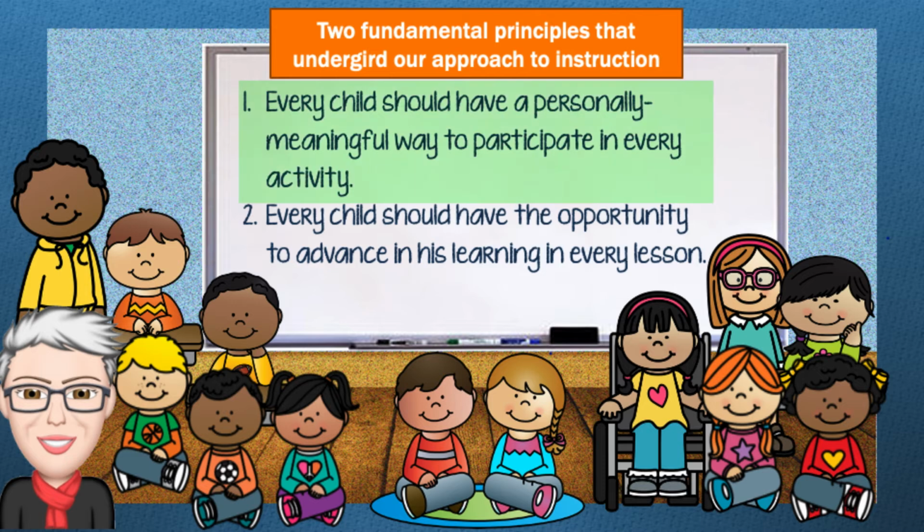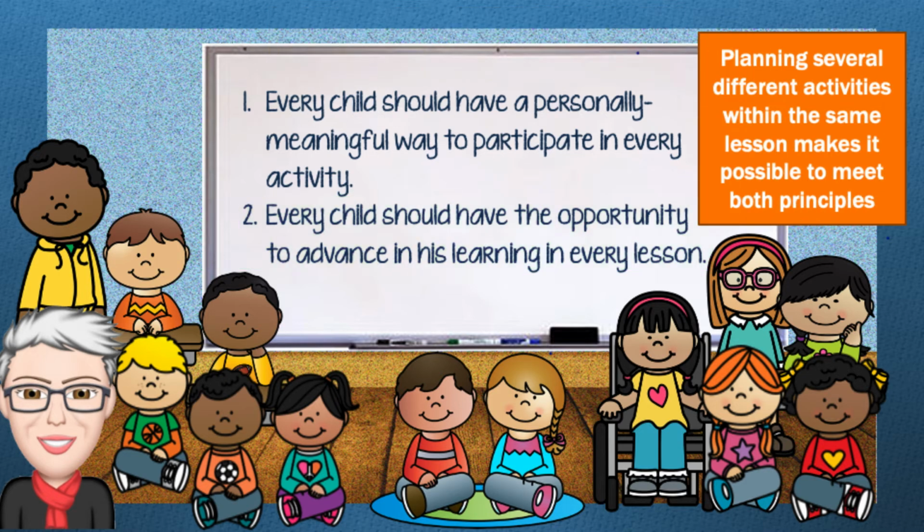First, every student should have a personally meaningful way to participate in every activity. And second, every child should have the opportunity to advance in his or her learning in every lesson. Planning for several different activities within the same lesson makes it possible for both of these principles to be met at the same time.